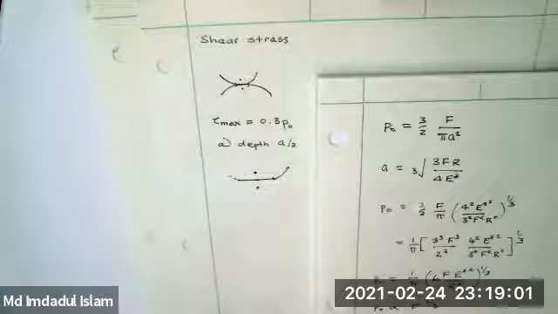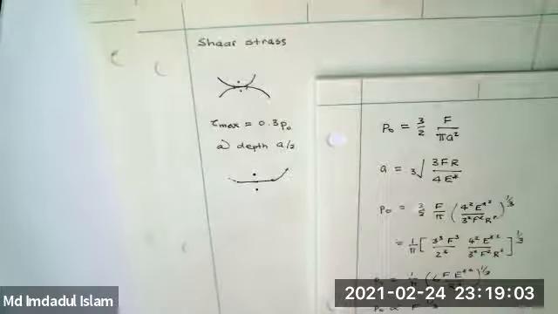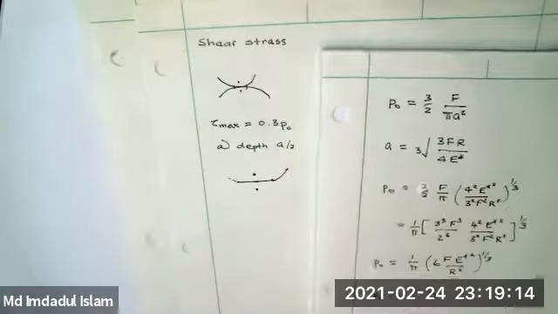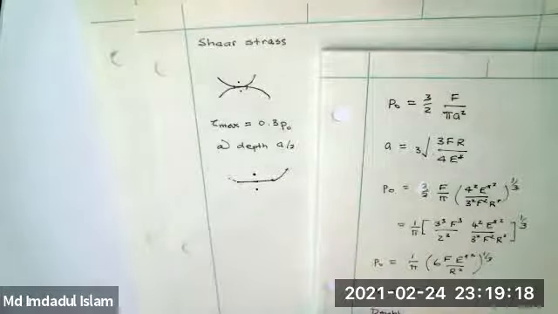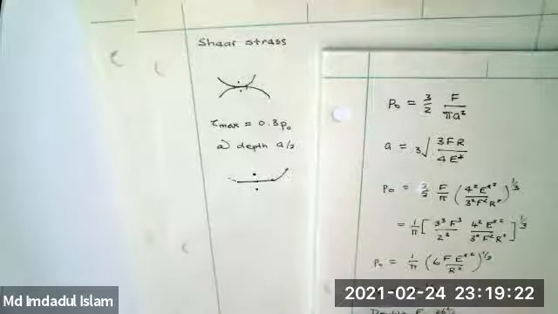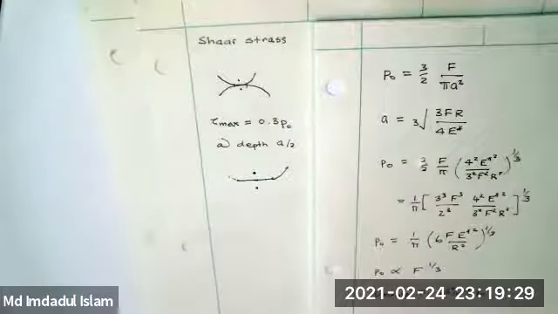So if you double F, the cube root of that is 1.26, you get a 26% increase in P naught. So it's slower. For these spheres, it's slower.